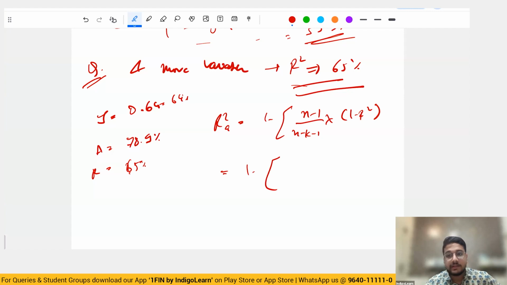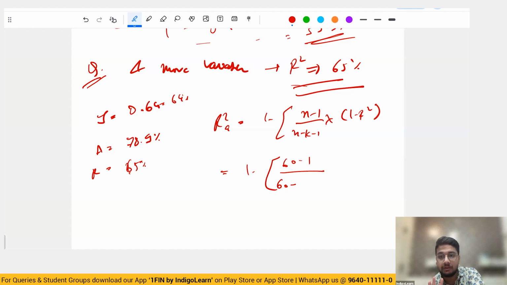1 minus, n is again how much? 60. That hasn't changed. 60 minus 1 upon 60 minus what shall be k in this situation? I have added four more independent variables. I had initially five independent variables. I have added four more. Now, how many independent variables are there?